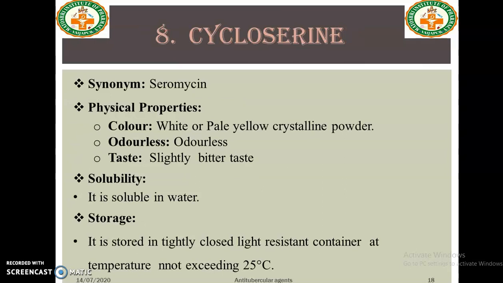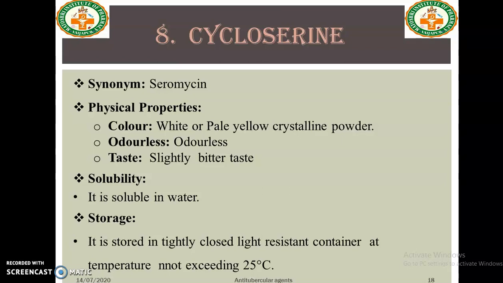Next example is cycloserine, which is also known as Seromycin. Cycloserine is a white or pale yellow crystalline powder which is odorless and has a slightly bitter taste. It is soluble in water.